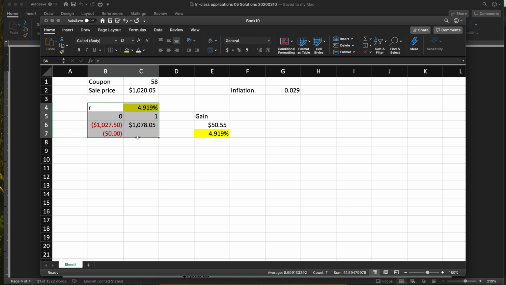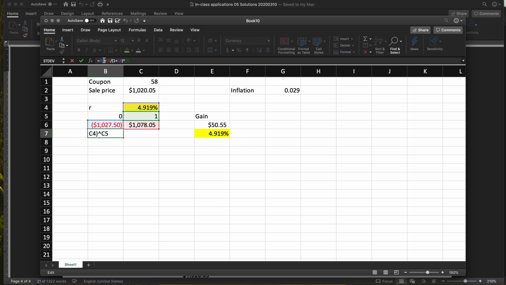So here we got the PV, and let me just show you that it doesn't matter if you do it to the 0, but you have to change some other stuff. Well, let's do it that way. Divided by 1 plus that to the power of that. There you go. It's the exact same thing.